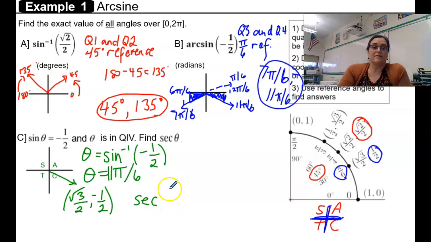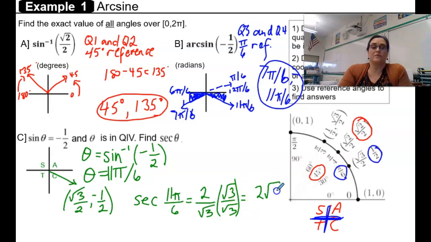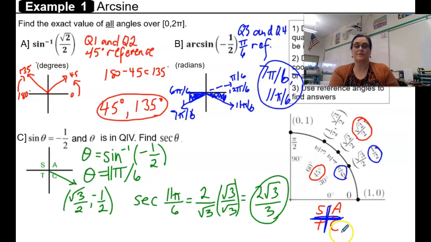So the secant of theta, and in this problem, theta is 11 pi over 6, is the reciprocal of the cosine, and the cosine is square root of 3 over 2. So we flip that upside down, and then we're going to rationalize our denominator to get a secant of 2 square root of 3 over 3. And it's going to be positive because cosine and its reciprocal secant are positive in quadrant 4.